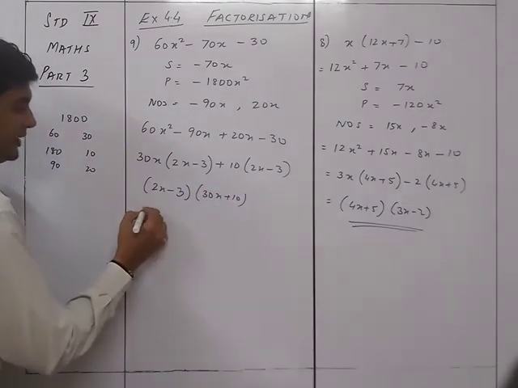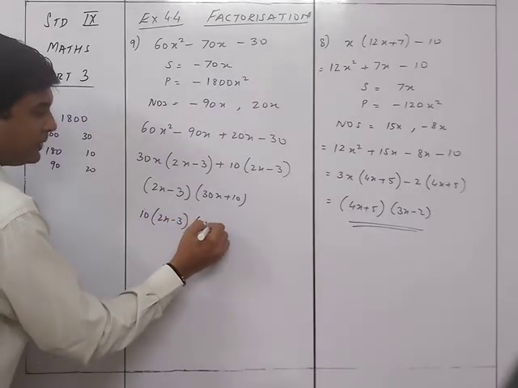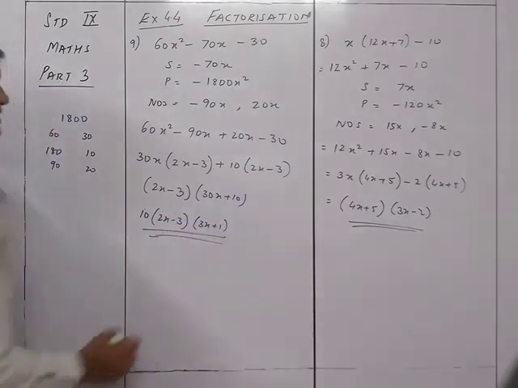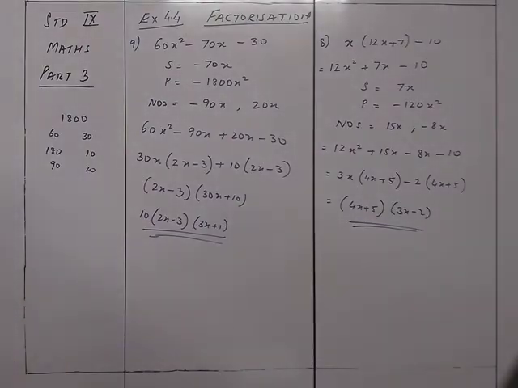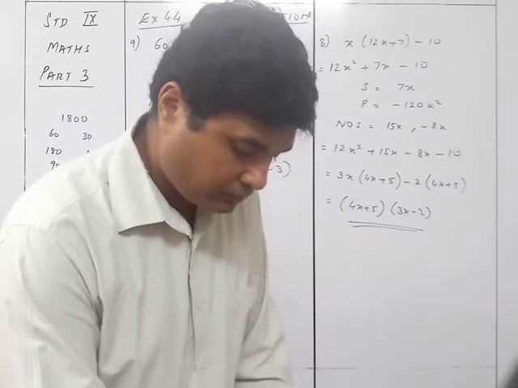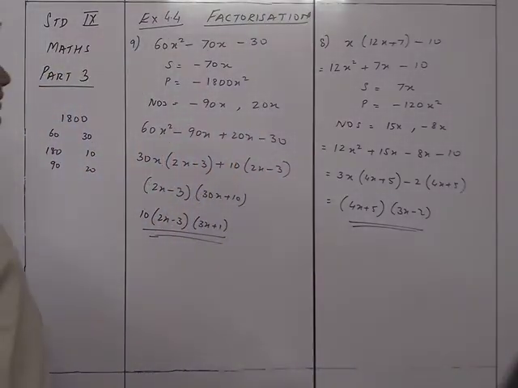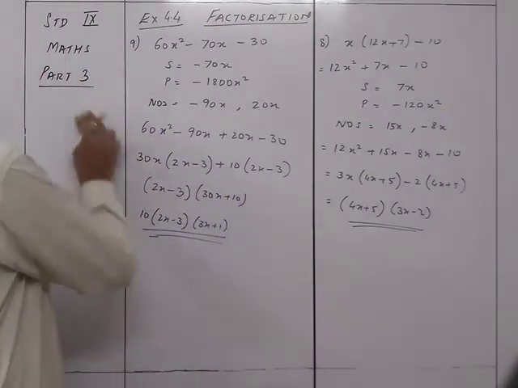You can take out 10 common here, so it will be 10, 2x minus 3 and 3x plus 1. That will be the answer for sum number 9. Okay, you can just cross check this thing. Yeah, right, so that was sum number 9. We now move on to sum number 10.